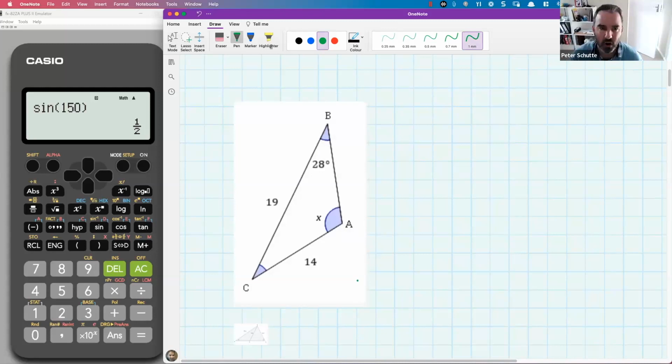I want to try and find the size of the angle. Who would like to help me think through the process of solving for this missing angle x using the sine rule? Pop your hand up if you're willing to share your thinking and talk me through how you would set up this question.